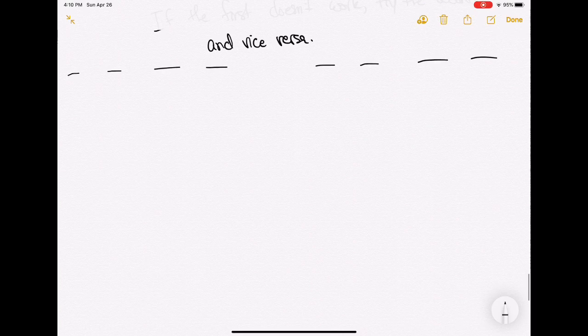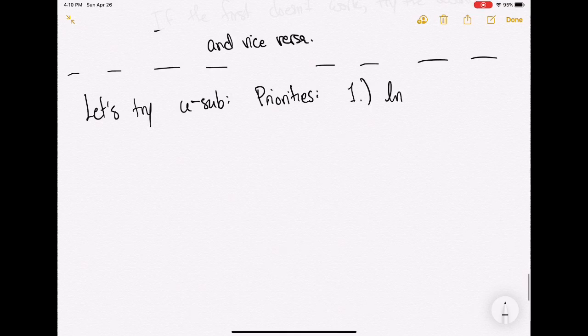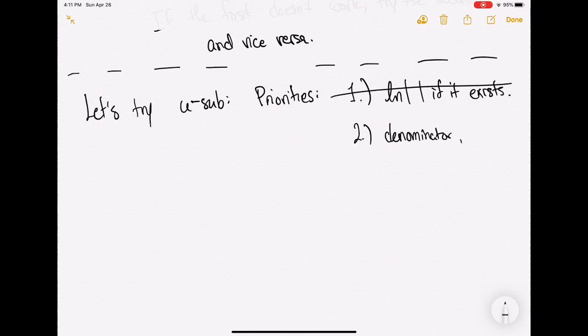Okay, so let's try u sub. What are our priorities here? 1 is the natural log, if it exists. It does not. 2 is denominator, if it exists.